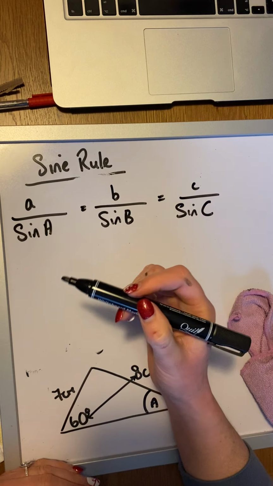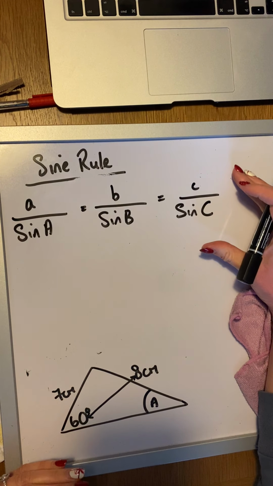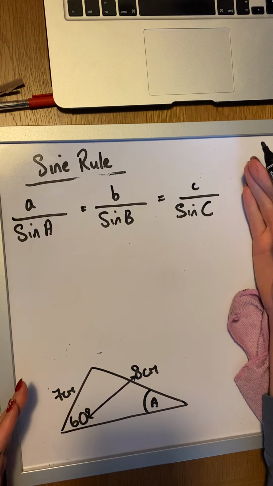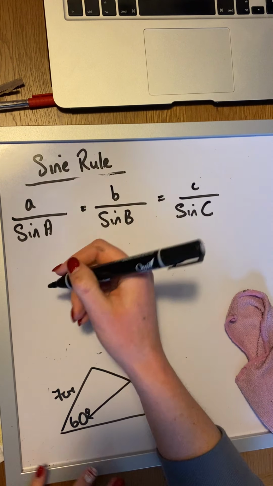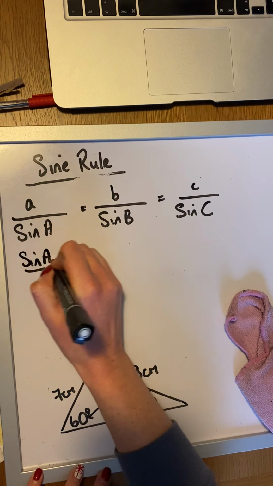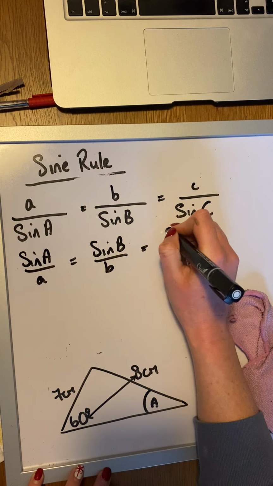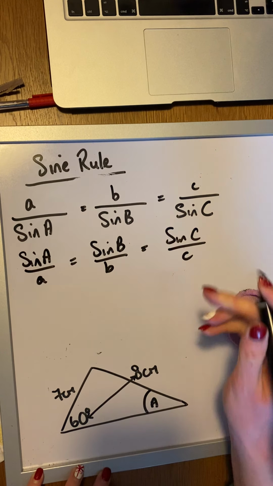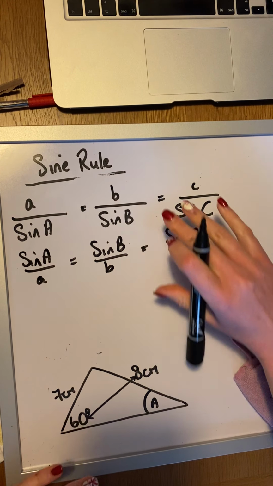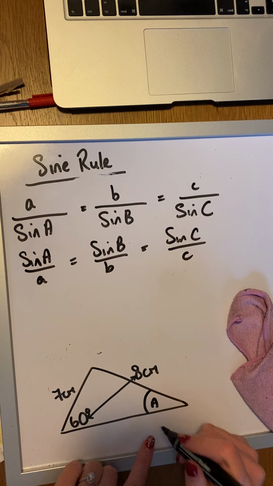Now, we can use this version of the formula when we are looking for a missing side, because obviously we want the piece of information that we are missing to be on the top of a fraction line. Or else, what we can do is flip the formula to say sine A over a equals sine B over b equals sine C over side c. Both formulas are the exact same, it's just one is a rotated version of the other, so they will give us the exact same piece of information.